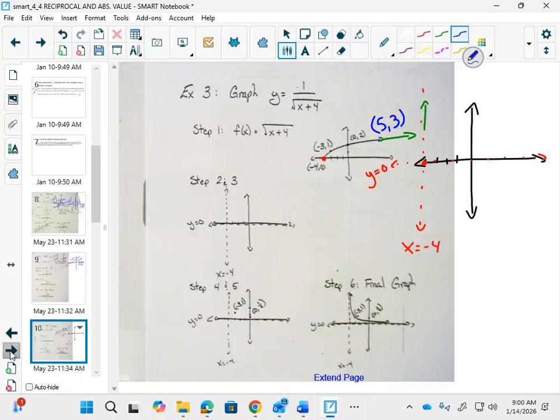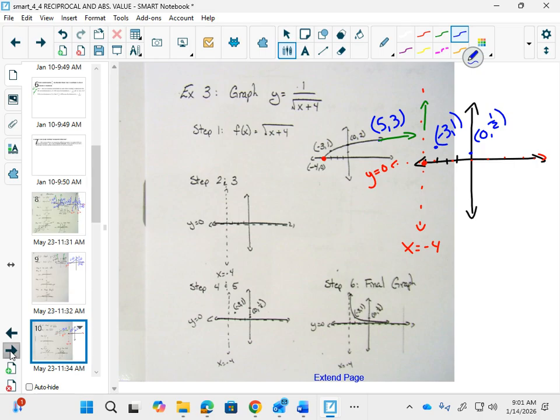So I like to graph my original function first, then I like to do my asymptotes. And then after my asymptotes, now I just look for nice points. So I have -3 comma 1. That's going to become -3 comma 1 over 1. That's an invariant point. It does not change. 0 comma 2. Well, that's going to become 0 comma 1 over 2.